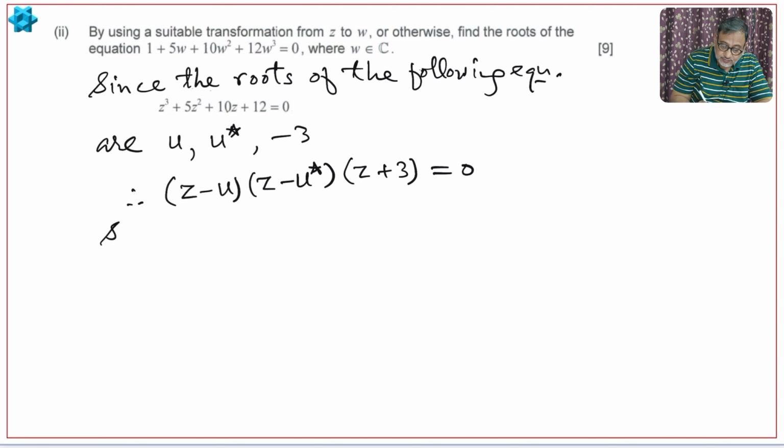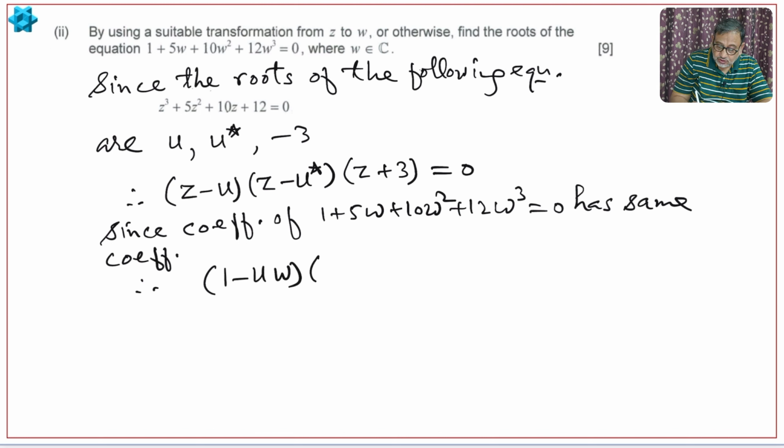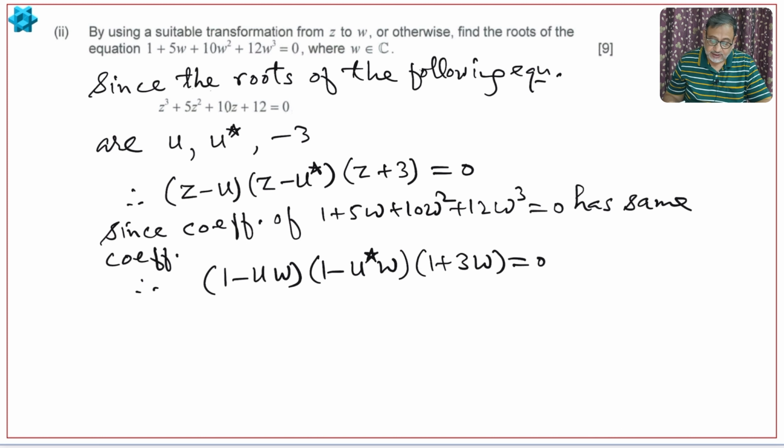So since 1 plus 5w plus 10w square plus 12w cube is equal to 0 has the same coefficients, what we will do, instead of z here we will write 1 minus u into w, 1 minus u conjugate into w, okay, and 1 plus 3 into w is equal to 0. When you multiply and open it, you will exactly get that equation, okay.